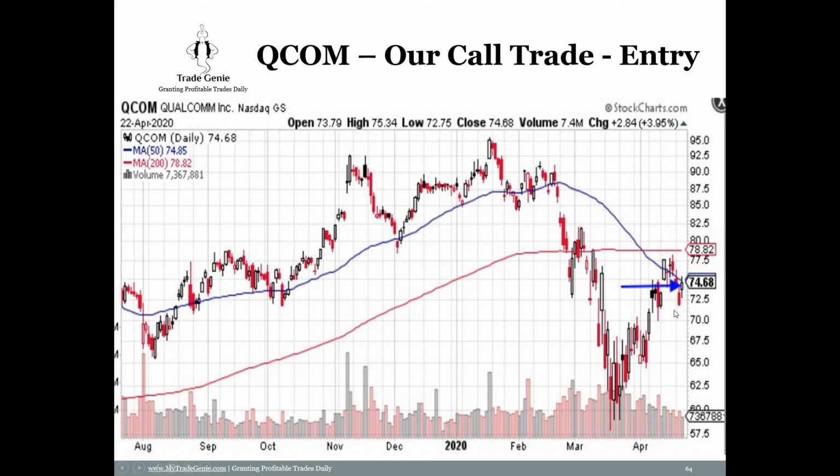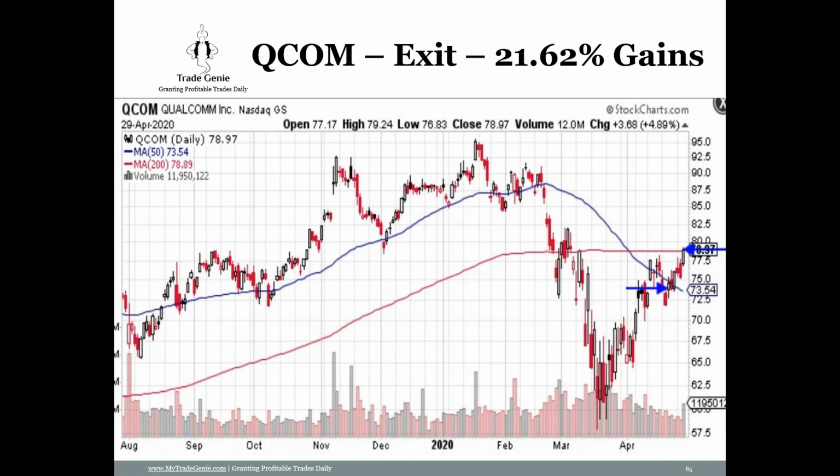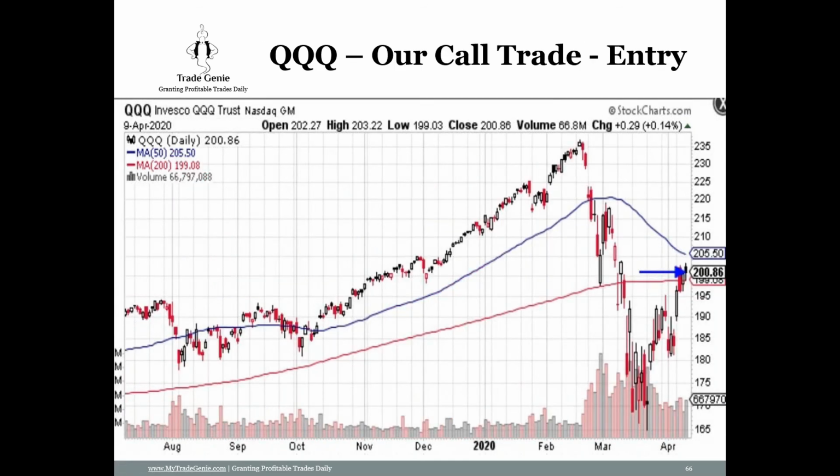So what are the chances of Qualcomm going down or up when it already made the low at 72? You see what happened? 21, 22% gain. We bought at 74, 75, and we sold around $79, $80.